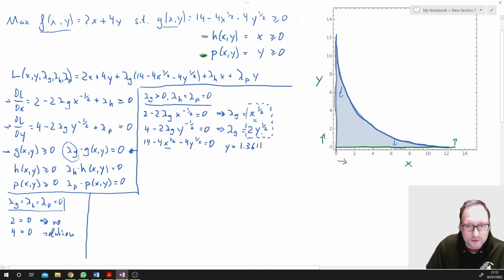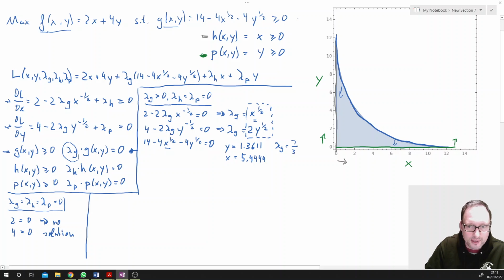Once you have the y value, you have the x value, because you know how x and y are related to each other. The x value is 5.4444, and you can also calculate the lambda g, because if you have either x or y, you can calculate that.